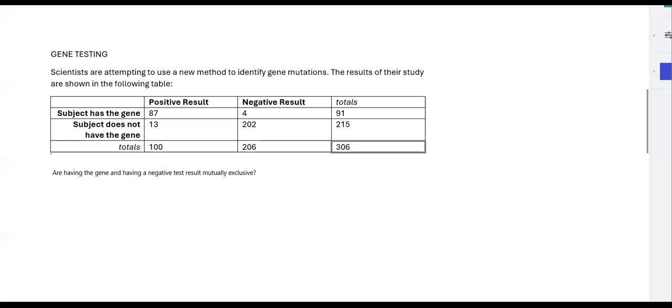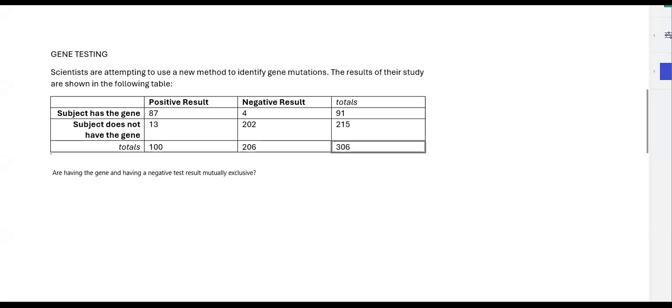All right, so here's the last question we're going to look at, and it is not looking for probability. The question is, are having the gene and having a negative test result mutually exclusive? So first we got to make sure we understand what mutually exclusive means. Basically, it means the two things cannot happen at the same time.